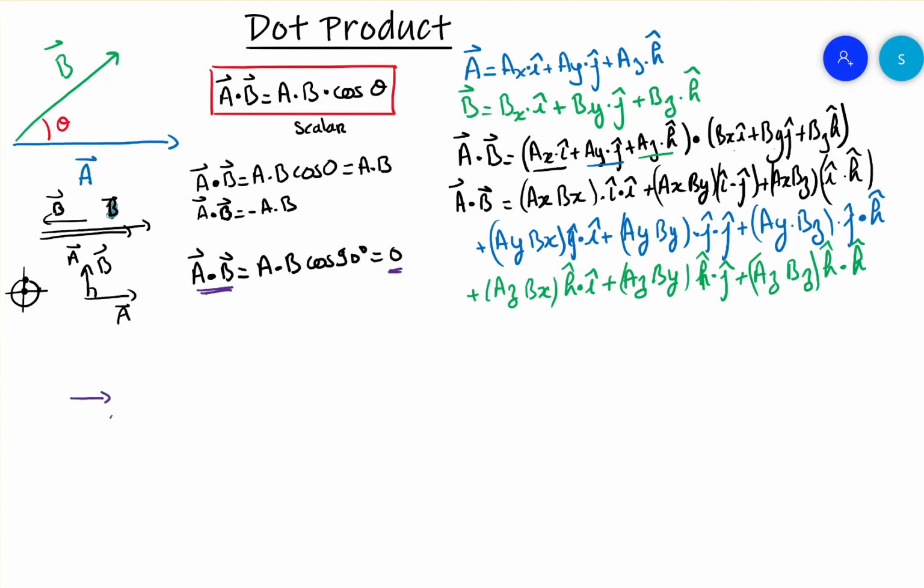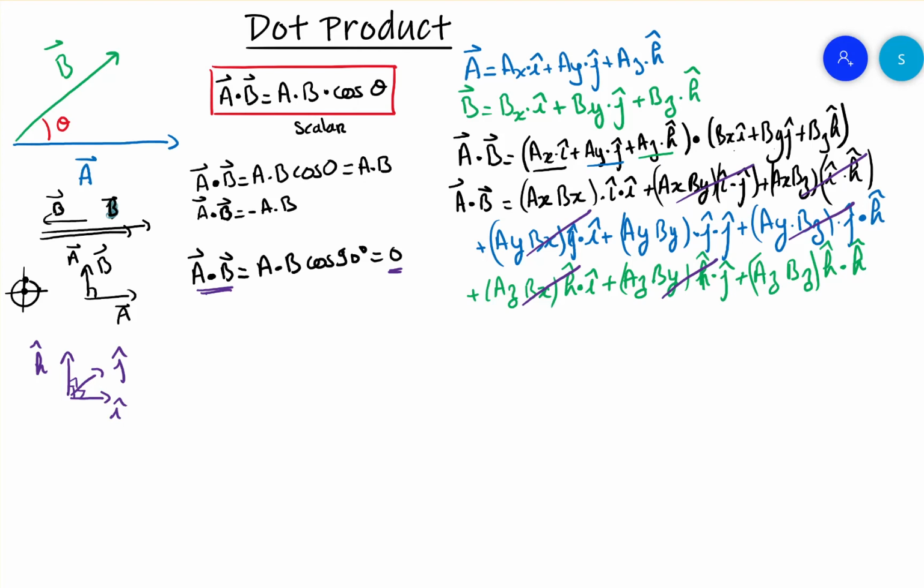Because i, j, and k are all perpendicular to each other by definition, as the unit vectors of x, y, and z, we have i dot j equal to 0, i dot k equal to 0, j dot i equal to 0, j dot k equal to 0, k dot i 0, and k dot j 0.